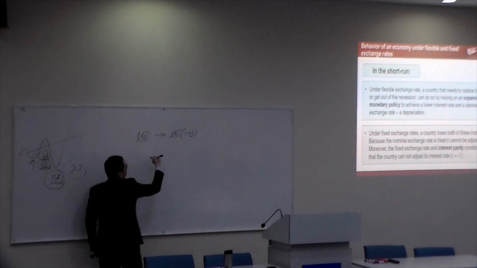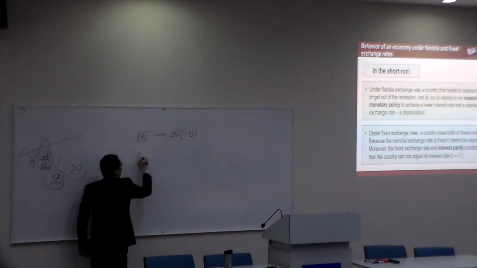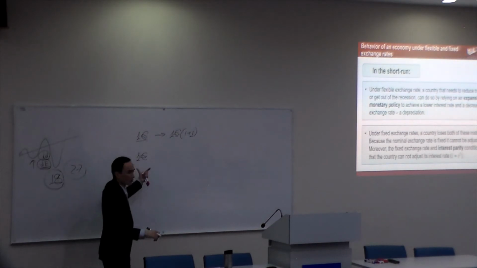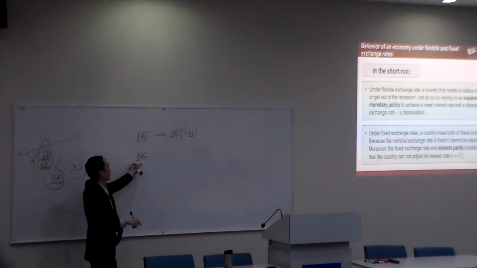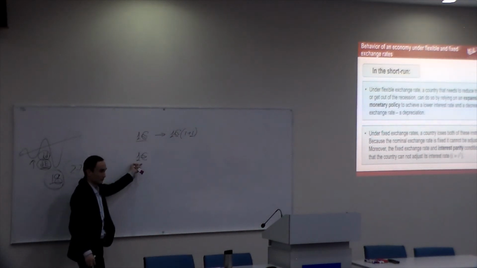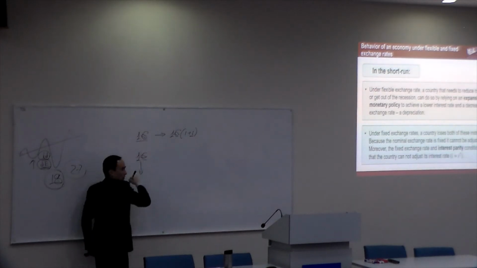That person, instead of buying local, domestic bonds, is going to buy British bonds for that 1 euro. Is he able to buy with euros? No. So he has to convert this euro into pounds with the nominal exchange rate.